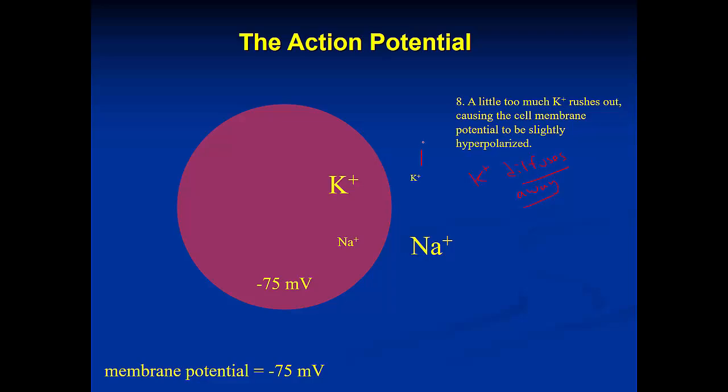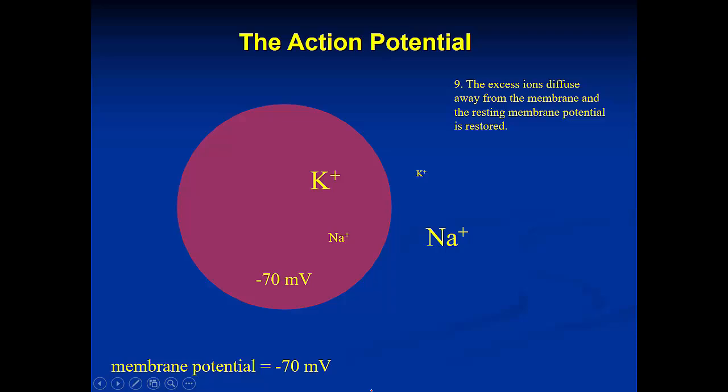So if this potassium ion leaves and goes way far away from this cell, it's no longer contributing to the electrical potential here. Okay, so some of that potassium excess diffuses away, and then we're going to go back to our resting membrane potential of minus 70 millivolts. Okay, so that's basically the action potential start to finish.